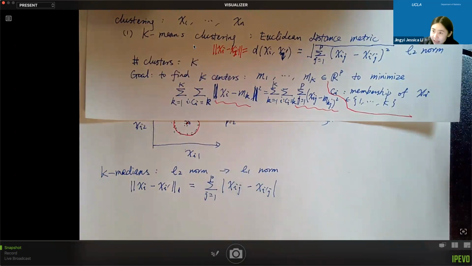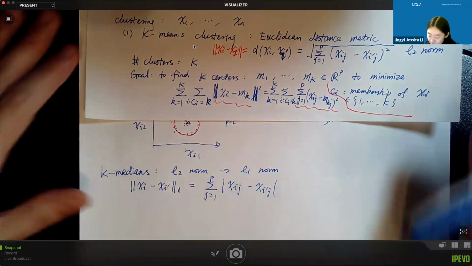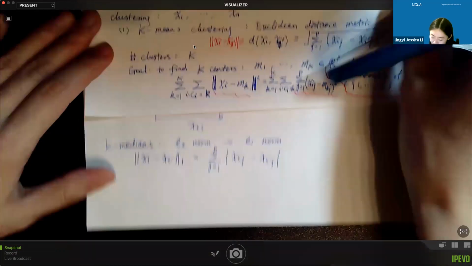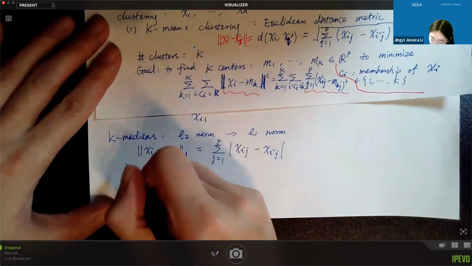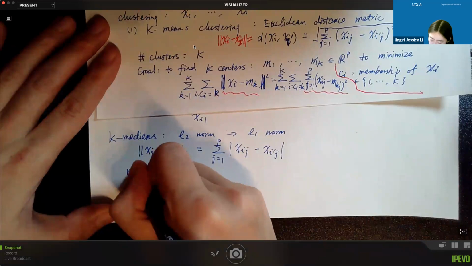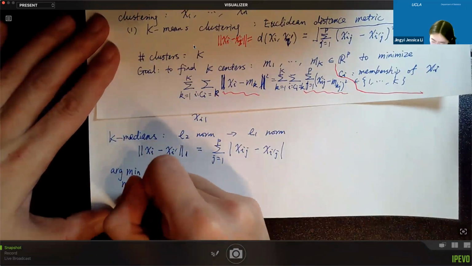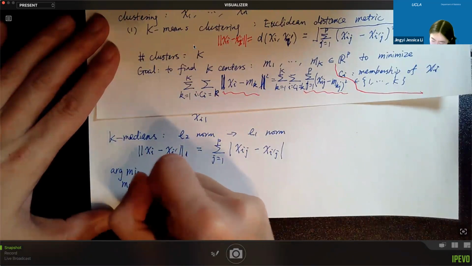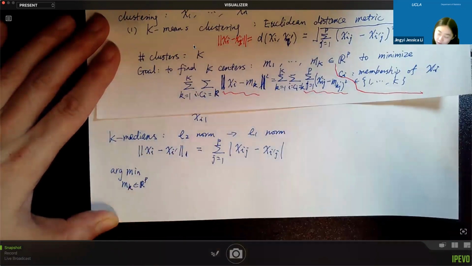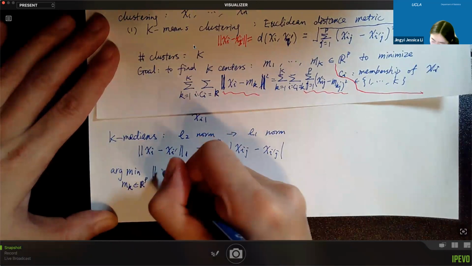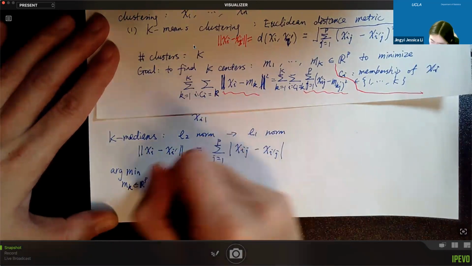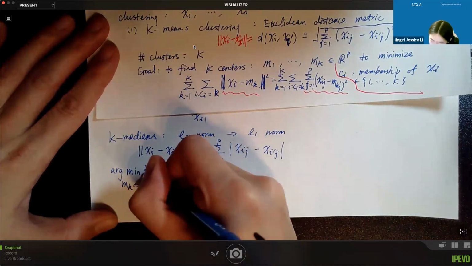And we can show that this is a fact which you can show, it's a very important fact we use here. So if you want to find the minimizer, or we can say the argmin, still let's use the notation mk, okay? In p-dimensional, I want to minimize this L1 norm. Sorry, I should say that ci equals k.